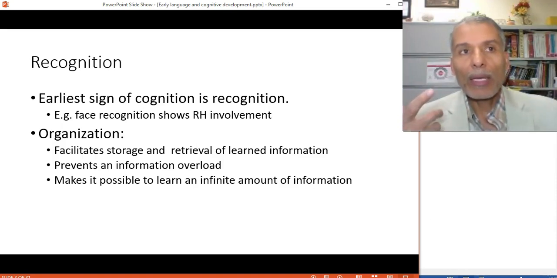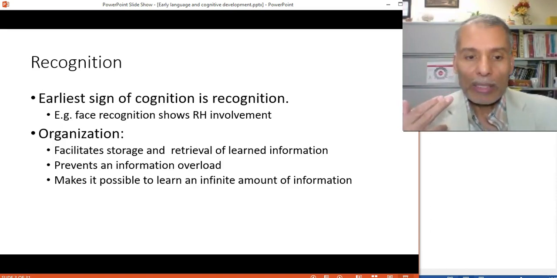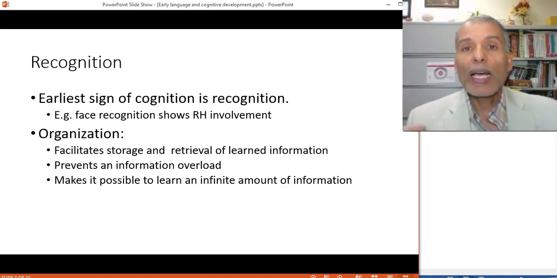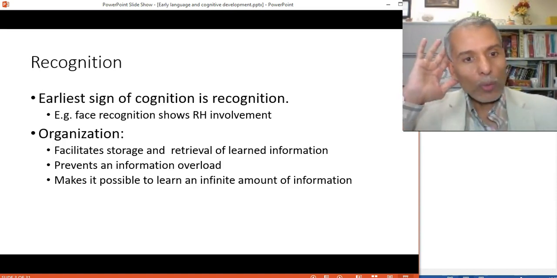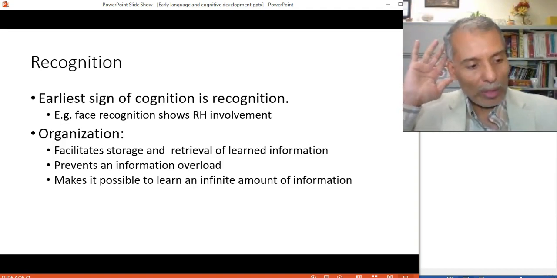Recognizing something means that you have seen it before, that you have experienced it at least once before. So let's say you see an image of something, you have seen it once, it registered, it got stored.